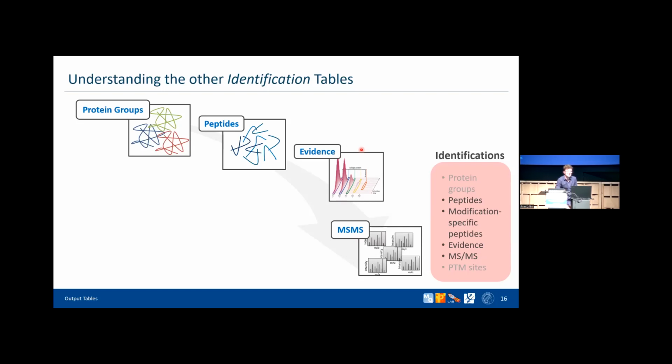So evidence means all the peaks that in the end contributed to the identification of our peptides and then our protein groups. Each peak is a feature, and if this feature contributed to identification via second MS to one of our peptides, then we call this evidence. If it did not contribute to identification, then we just call it a feature and not evidence, because it did not contribute to anything.